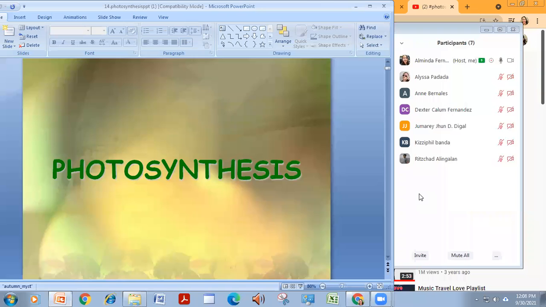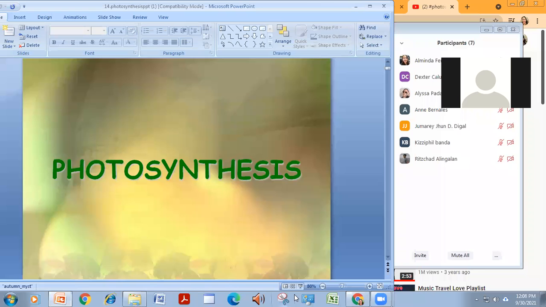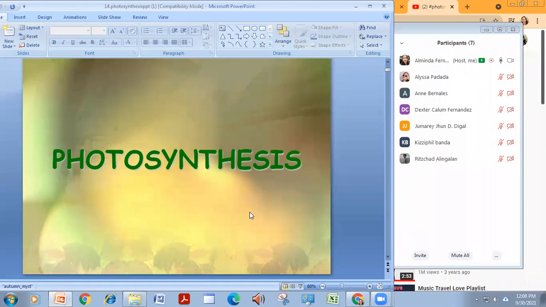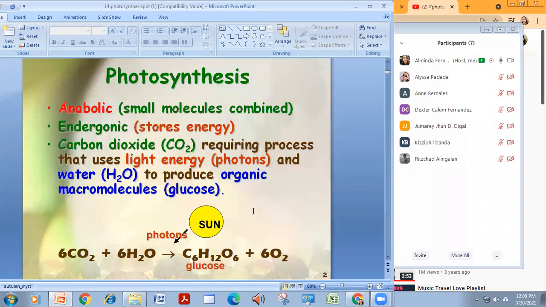Dexter, Kizzy, Anne? Ma'am, photosynthesis is about plants' food production, ma'am, nagahimo sila food sa ilang ano. Yes, very good answer. So that's photosynthesis, no? It is actually the food making process in plants, to make it short.